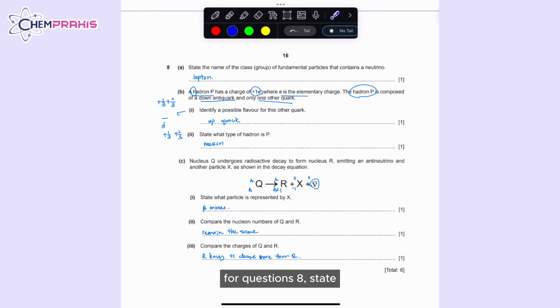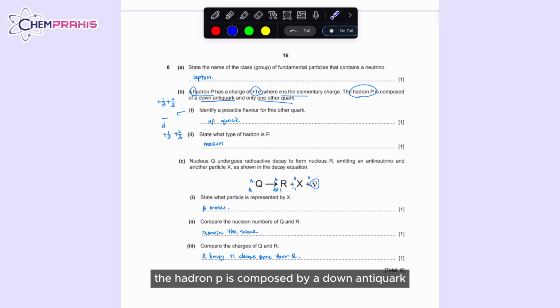For question 8, state the name of the class of fundamental particles that contains a neutrino. So it will be the lepton. Leptons consist of electrons and neutrinos. For B, a hadron P has a charge of positive 1e, where e is the elementary charge. The hadron P is composed of a down antiquark and only one other quark.